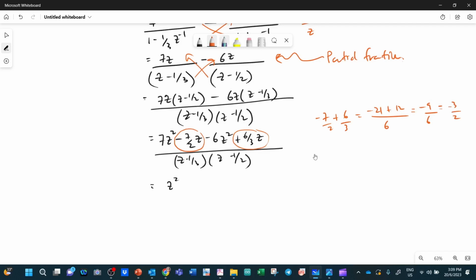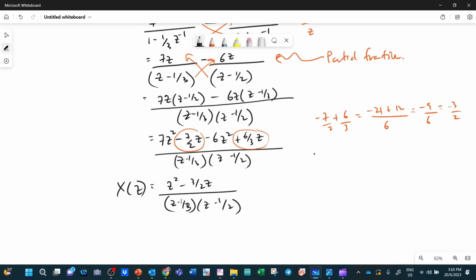So this one will be minus 3 over 2 z over z minus 1 over 3 times z minus 1 over 2. Okay, so this is exact.